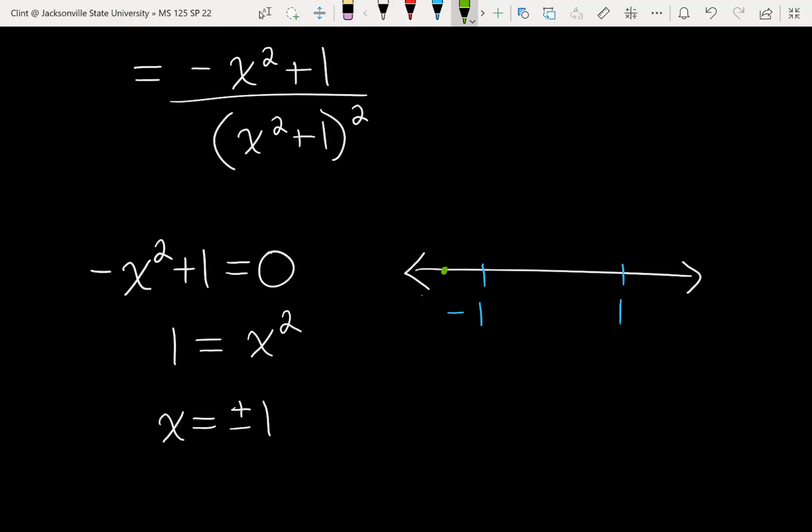So maybe like -2. If we do -2 squared, that's going to be 4. But we got the minus sign, so I have -4 plus 1. It's going to be negative on the top. And then the bottom, what's our sign going to be?